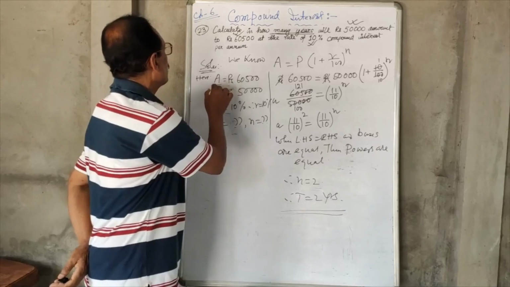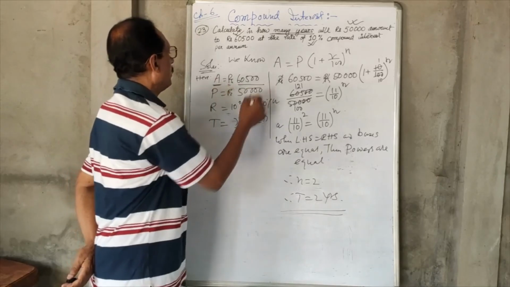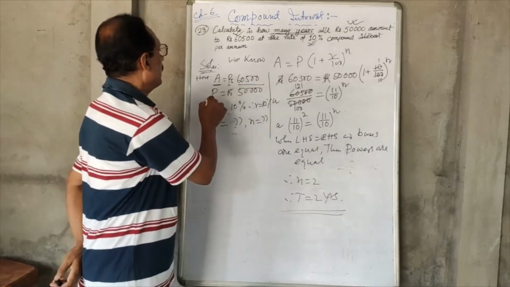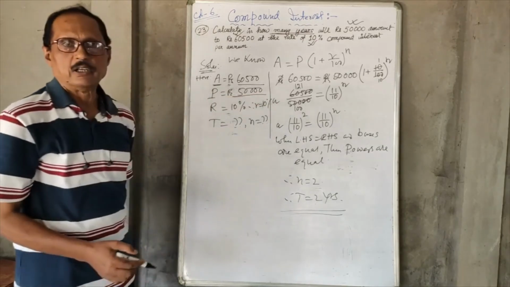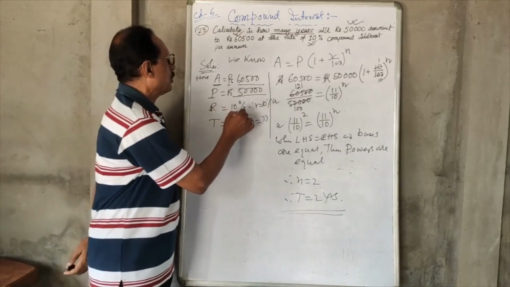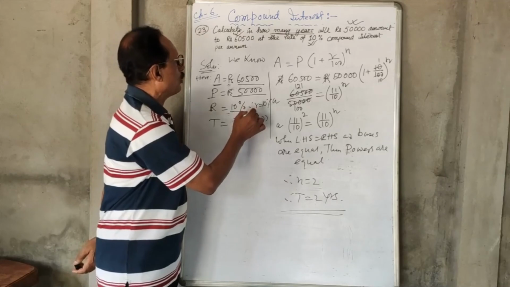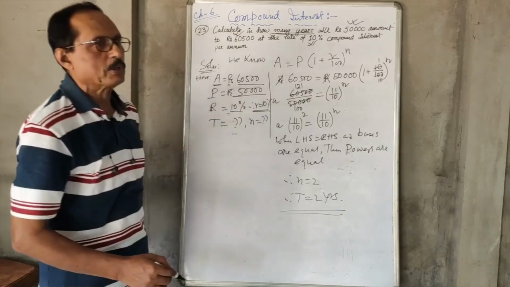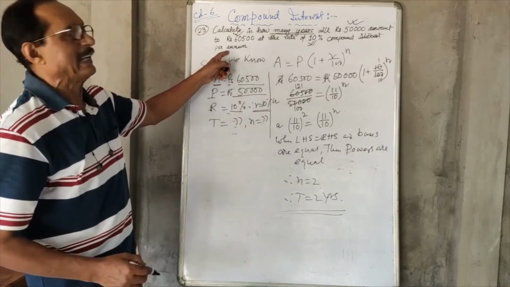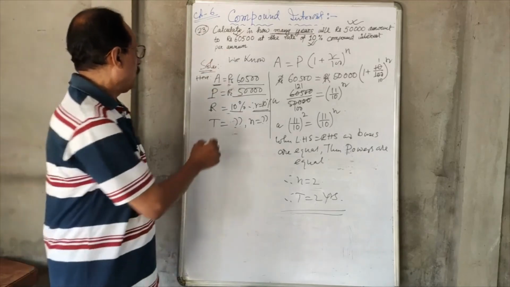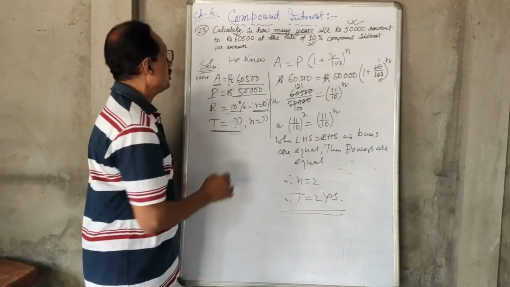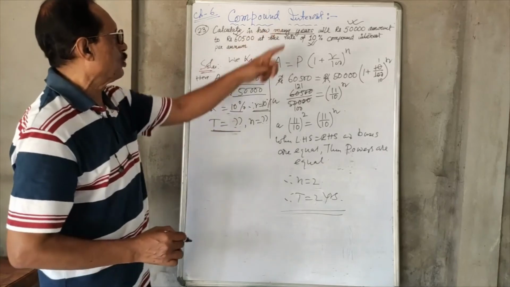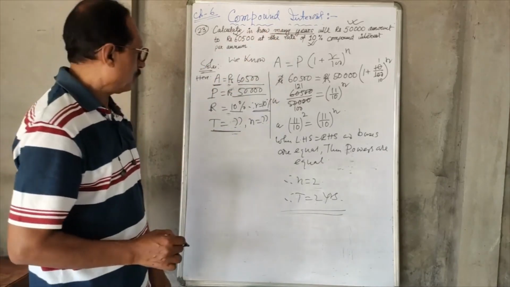All the nomenclature is known to you. The amount is given, 60,500 rupees. The principal is given, 50,000 rupees. The rate per annum is given as 10%. So the rate per conversion period is also 10% because it is compounded per annum. We have to find out how many years it will take to convert 50,000 rupees to 60,500 rupees.